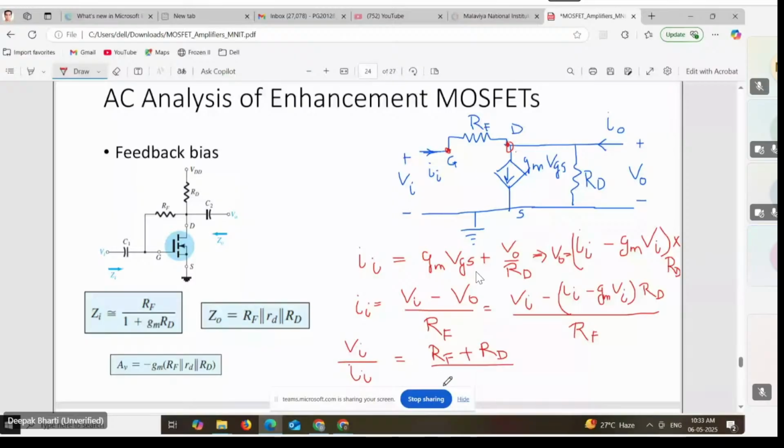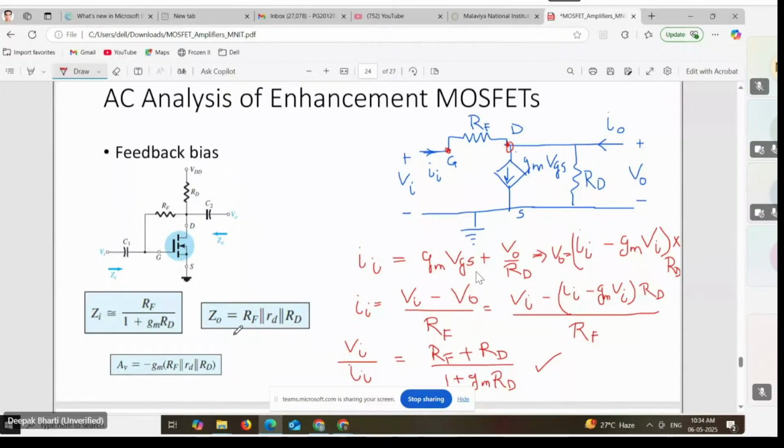Okay, this can be easily obtained using this equation. Take Vi terms on one side, Ii terms on one side, and then take the ratio of Vi to Ii. So this is your input impedance in the case of the feedback bias arrangement. For the feedback bias amplifier, the Zi will be given by this.